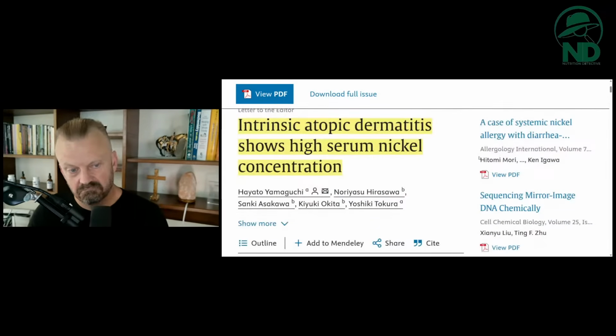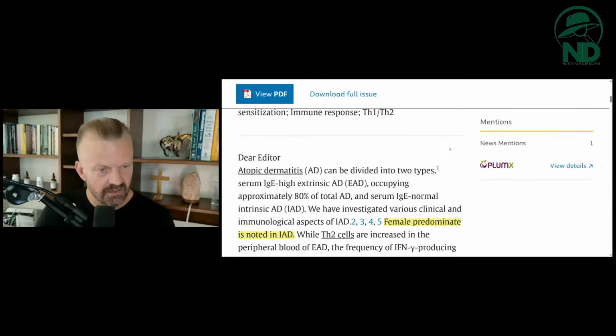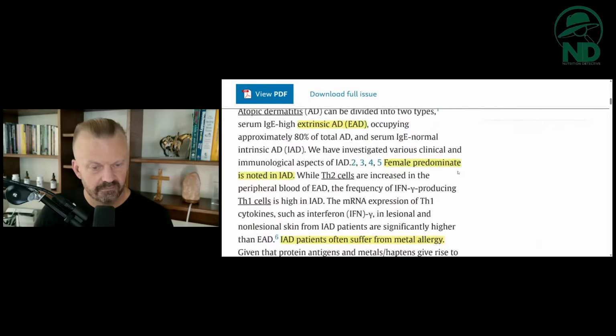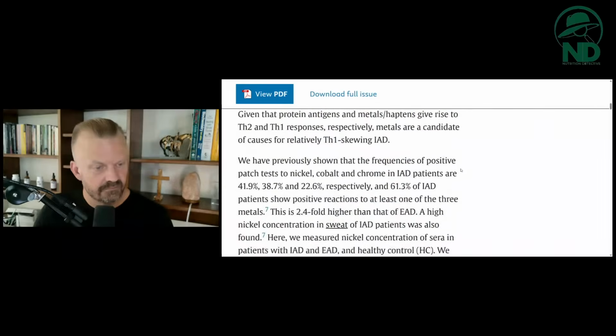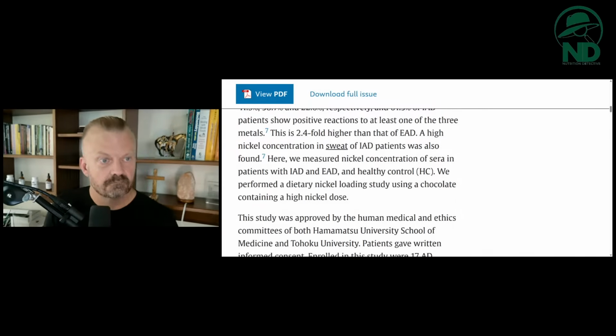But I want to know what they mean by intrinsic exactly. Like, what do they mean? Extrinsic. So we got extrinsic atopic dermatitis. And then we got intrinsic atopic dermatitis. Here, I'm going to do a quick search because I want to know this. Here, you guys can see me do it.